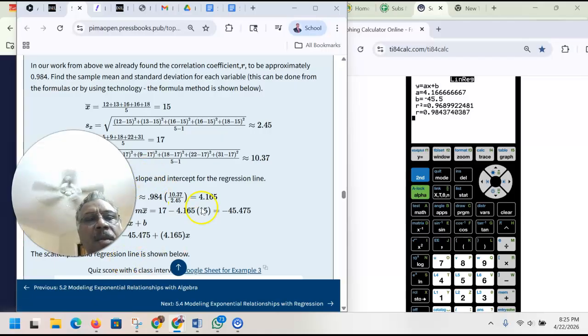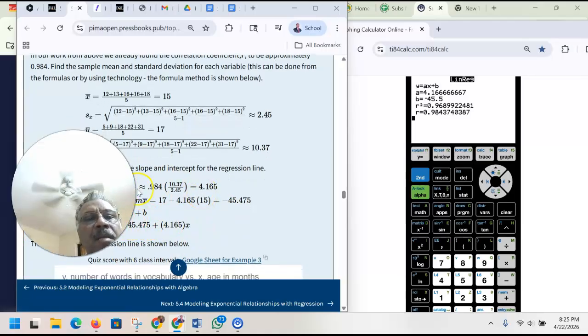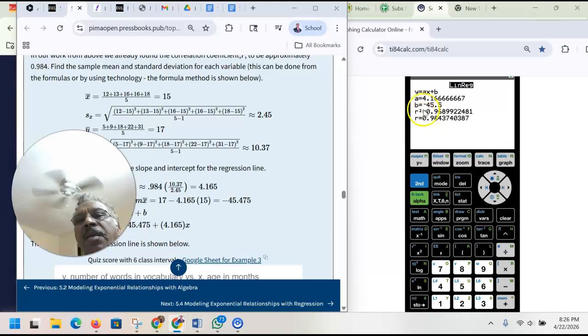Okay, so see this answer, the R is 0.98. There it is. See? So 0.98, that's how this number comes. And these are the values of standard deviations, and you get the slope. But we don't have to do all this work because the calculator does the work for us.